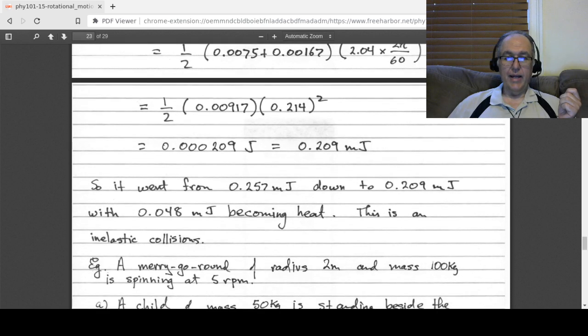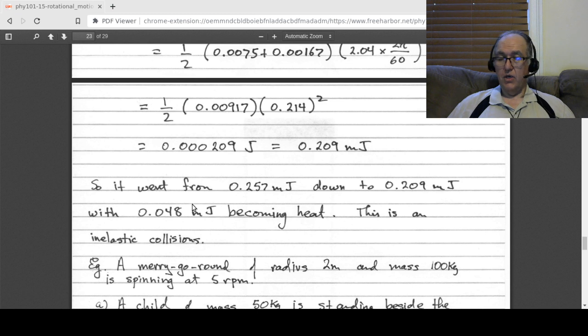Working that out, this turns out to be 0.209 millijoules. We started at 0.257 millijoules, and it went down to 0.209 millijoules, so we lost 0.048 millijoules in this collision. That's how much heat would be generated.